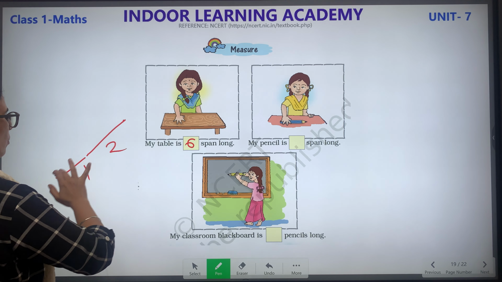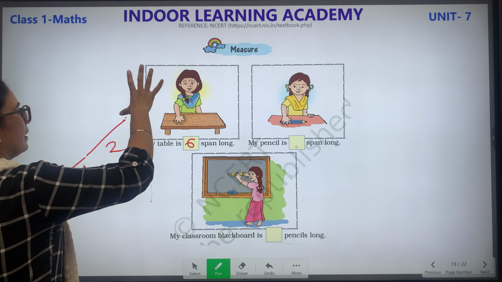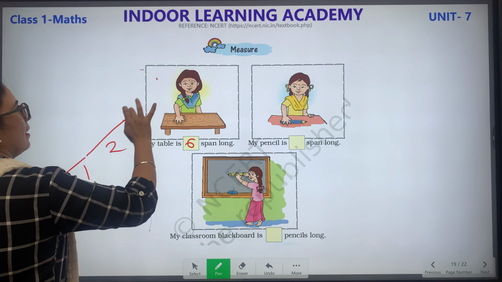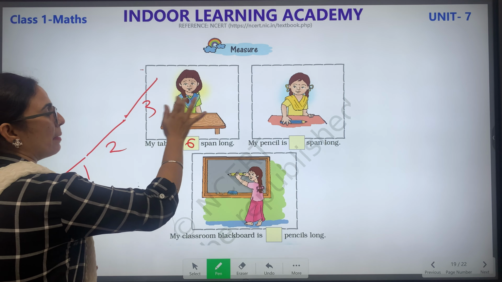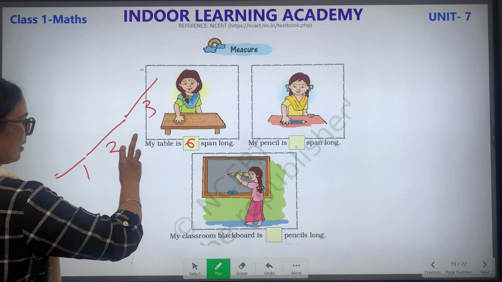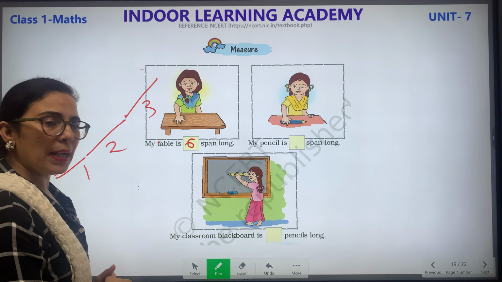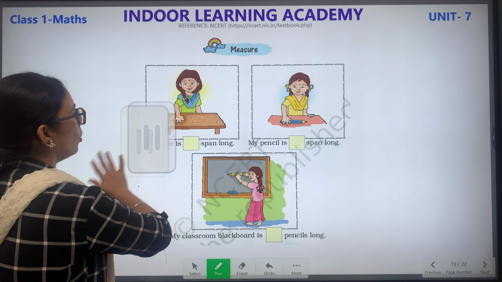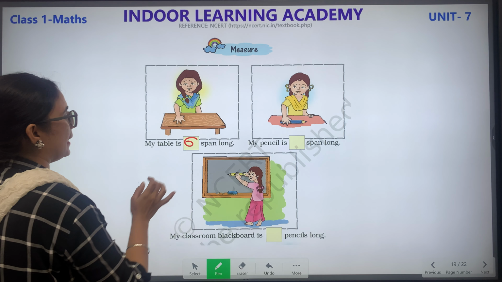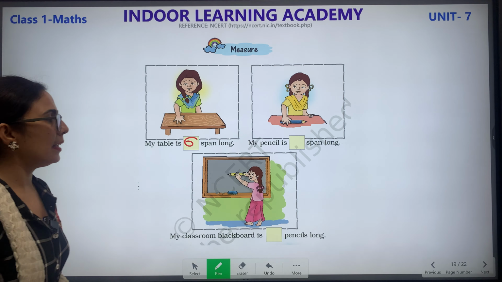Fine children? This is 3. So like this she is measuring. ऐसे ऐसे वो measure कर रही है. जैसे अभी मैं measure कर रही थी ना बोर्ड पे, उसी तरह she is measuring the table. So my table is 6 span long.